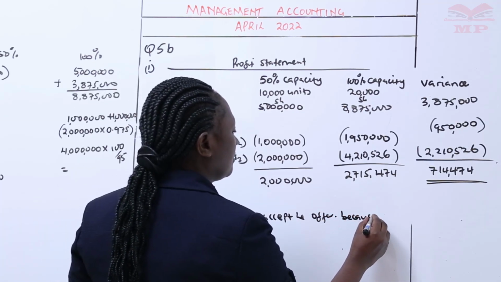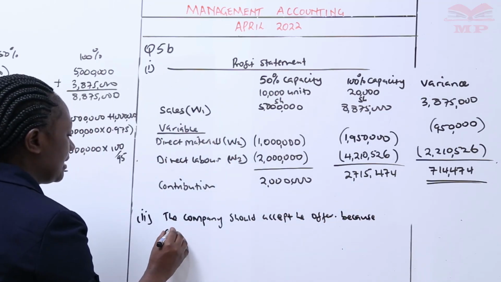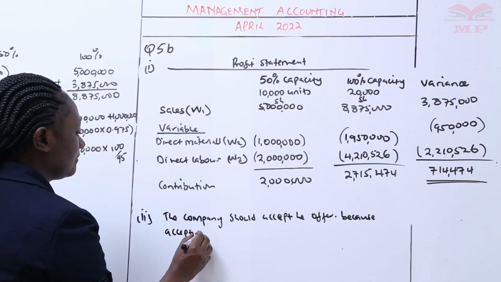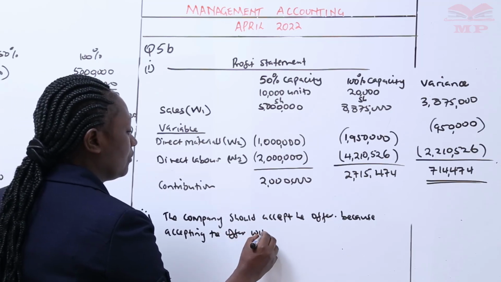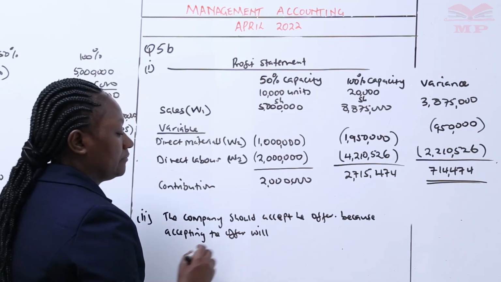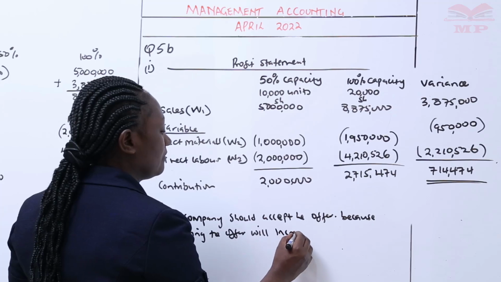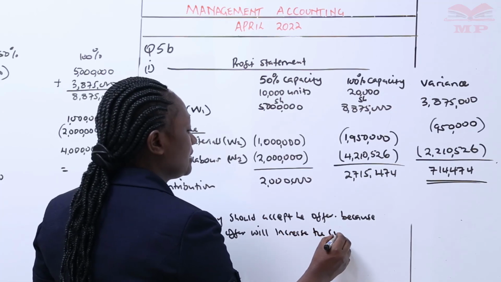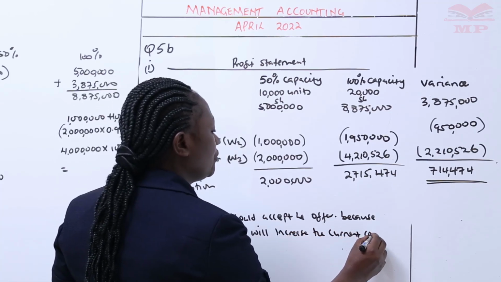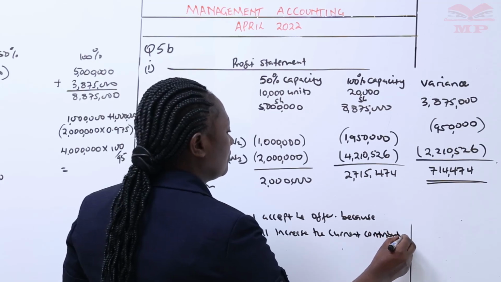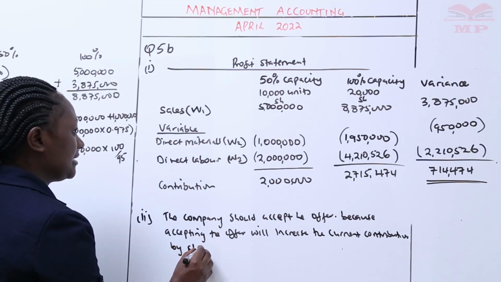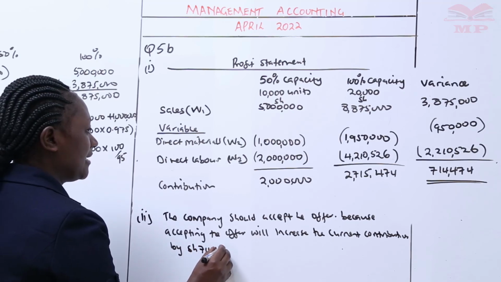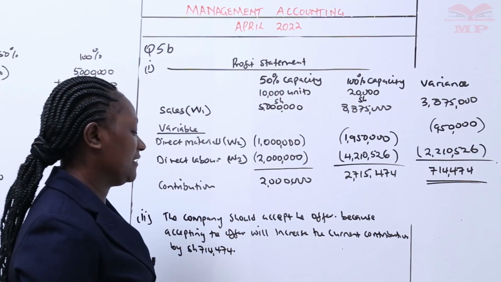Because accepting the offer will increase the current contribution by 714,474.